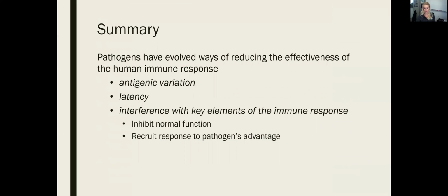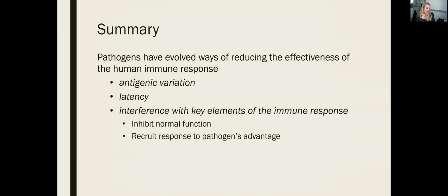So in summary, for part one, pathogens have really evolved a lot of different ways of reducing the effectiveness of the immune system, including messing with the genetics through antigen variation, genetic shift, and genetic drift. They can be latent and hide, or they can interfere with key elements of the immune system so that it just doesn't work properly.